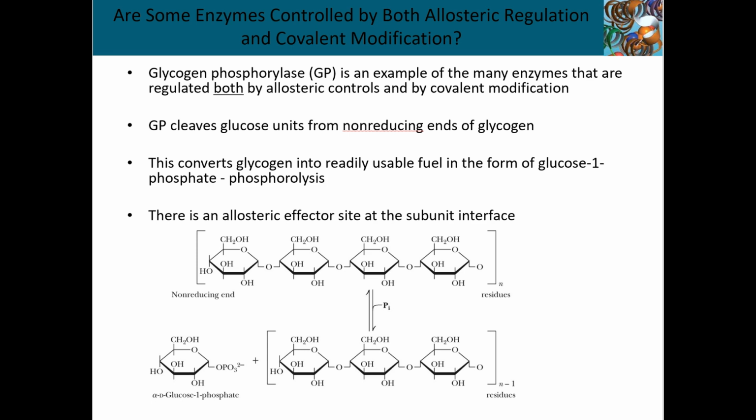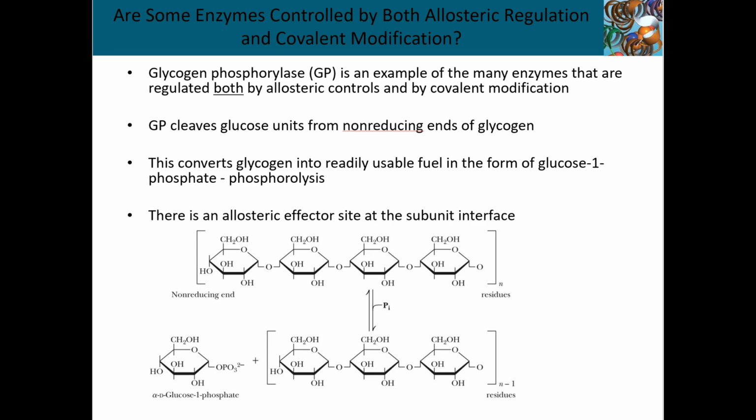So, what is glycogen phosphorylase? It cleaves glucose units from the non-reducing end of glycogen. Glycogen is a polymer of carbohydrates that we use and store in our muscles and liver for fast-acting blood glucose production, or glucose production in the muscle during high-intensity exercise.